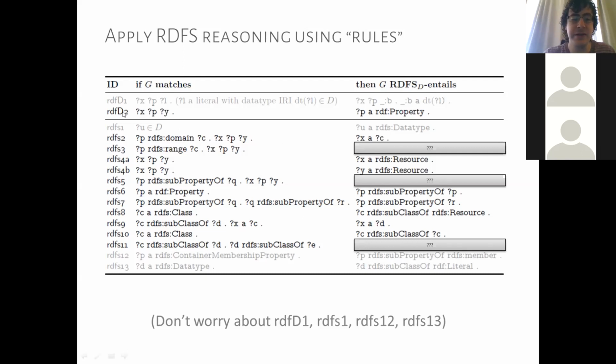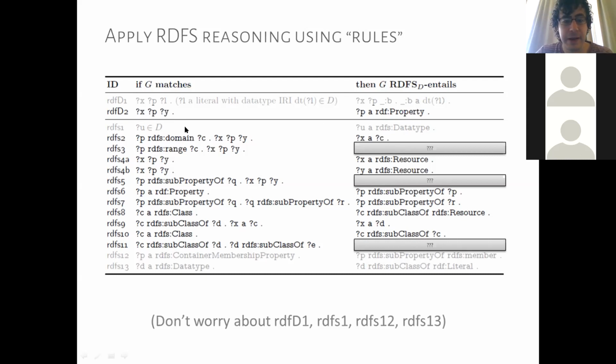If we look at an example of a rule here, we have variables which are denoted with a question mark, and we have an entailment. So here we have something like a premise, and then we have a conclusion. This is often called the body of a rule, and this is called the head of a rule. So how does it work? If we have a triple x p y, then we can infer that P is a property.